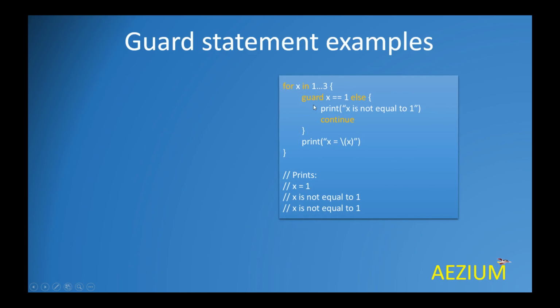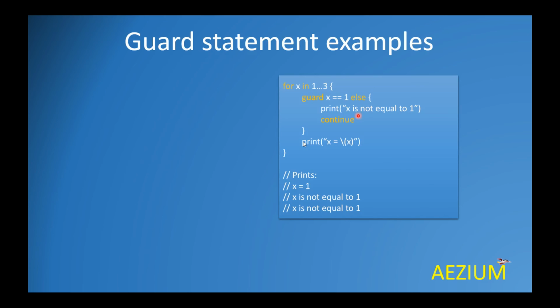Finally, here is an example following the first syntax that we discussed earlier. Here we are not declaring a parameter using the guard statement. All we do is check this guard statement condition and see whether it is true. If it is true, the code below the guard statement will be executed.